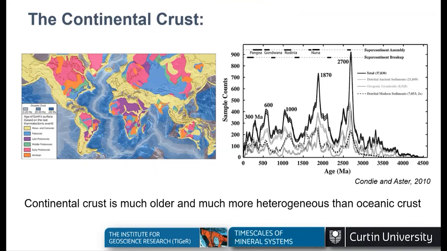Are there periods in Earth history where you're forming more crust and taking more crust out of the mantle, or is there some kind of preservation bias superimposed on that? Because we know most continental crust today is produced in subduction zones, and subduction zone volcanism is a continuous process, so it's hard to imagine how you might get this kind of episodicity imprinted onto the geological record if most continental crust is formed in that way.